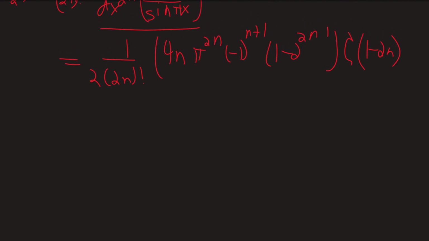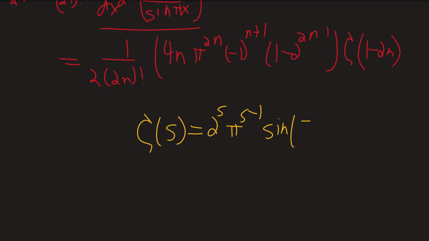But again, as soon as we apply the functional equation, which is, I should write out by now, zeta of s, of just some s, is equal to 2 to the s times pi to the s minus 1 times the sine of pi s over 2 times gamma of 1 minus s, and then times zeta of 1 minus s.